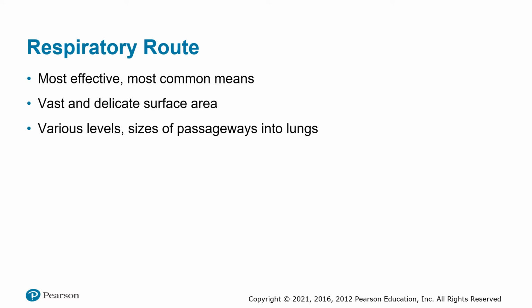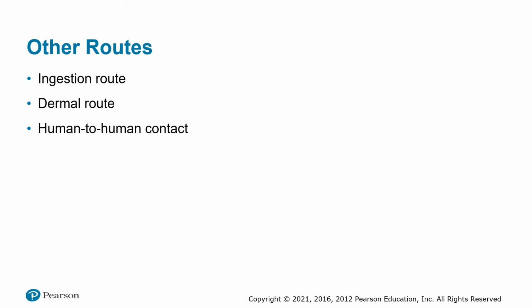Dissemination and weaponization. The respiratory route is the most effective and the most common means, because of the vast and delicate surface area in the lungs. There are various levels and sizes of the passageways into the lungs as well. Other routes could be ingestion, dermal, or human-to-human contact.